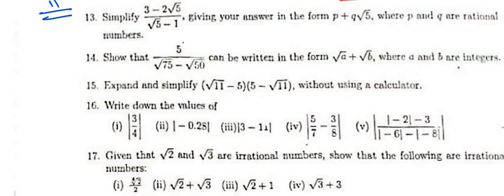Anyway, what's the basic concept here? For number 16, on modulus, they're saying write down the values of this. The modulus of 3 over 5. Okay. So this is the same as only accepting positive numbers.